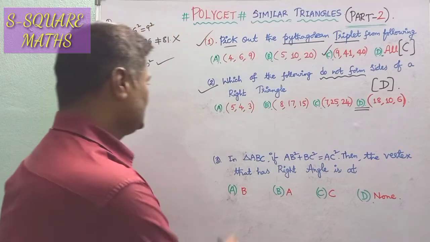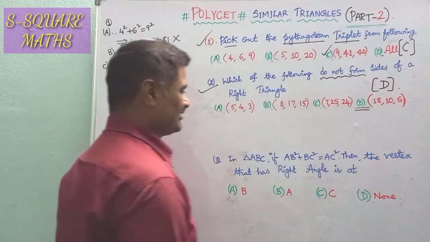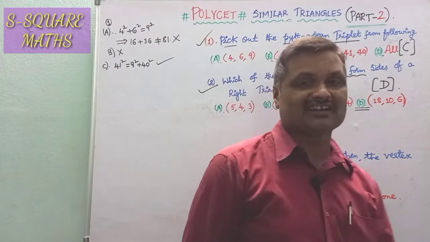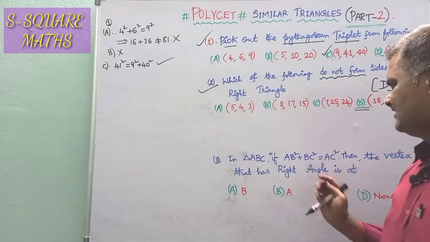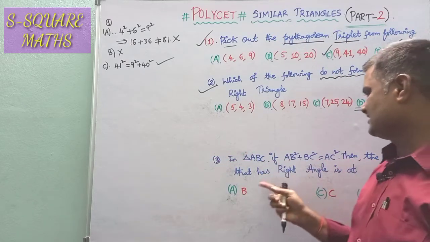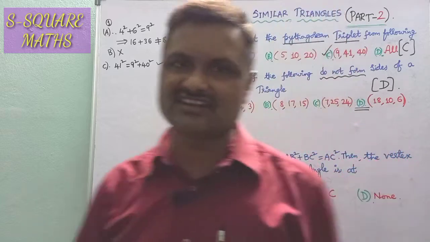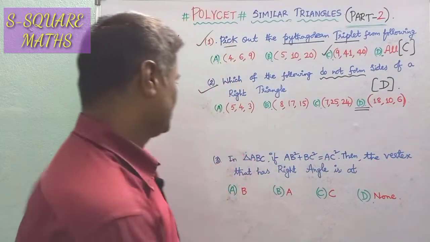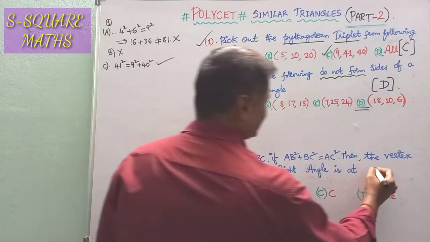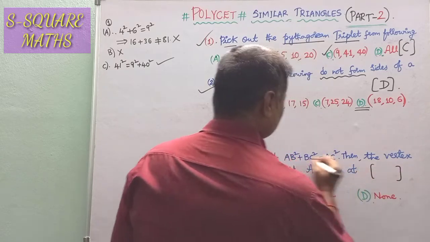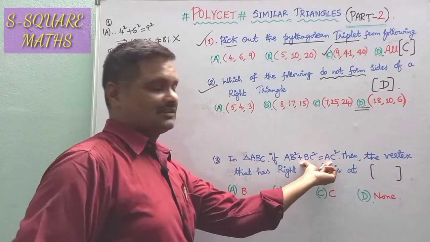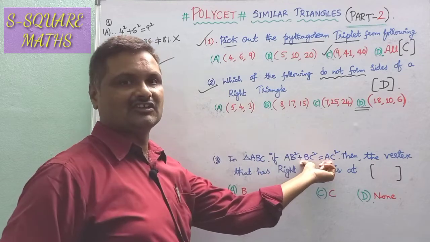Okay, now in triangle ABC, if AB square plus BC square is equal to AC square, then they are asking the vertex that has the right angle is at which vertex. This is nothing but the converse of the Pythagorean theorem.